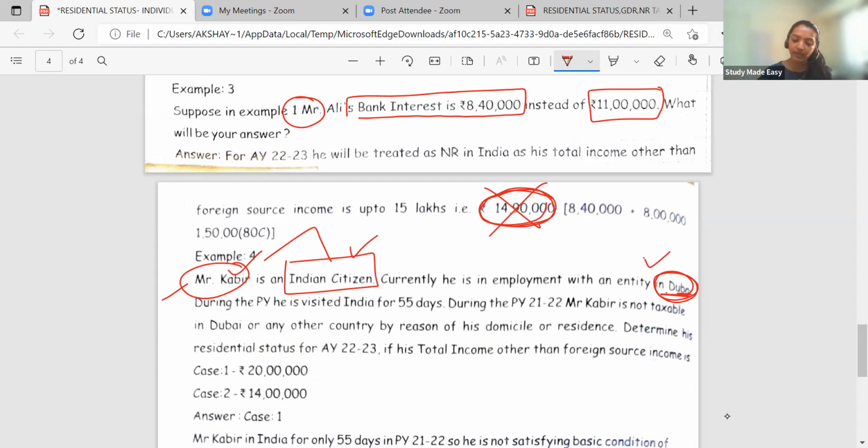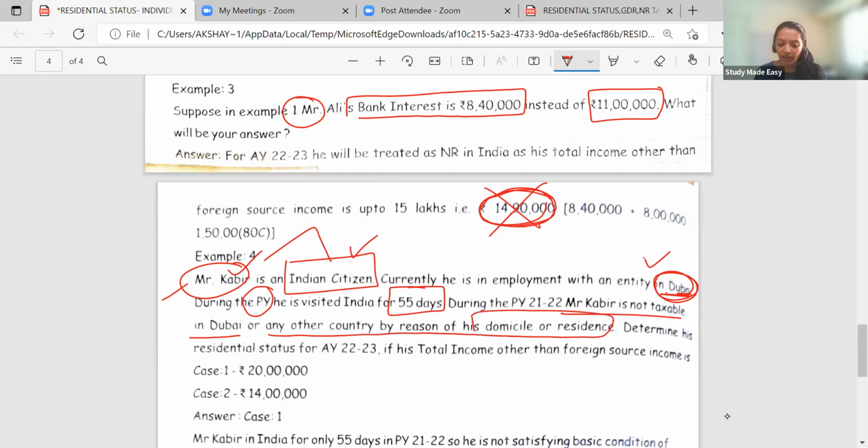In Dubai, he is having the employment, that means outside India he is having employment. Previous year, visited India for only 55 days. 120 days does not matter here. Only 55 days he is in India. Mr. Kabir is not taxable in Dubai, obviously, because there is no income tax there, and any other country by the reason of domicile or residence.